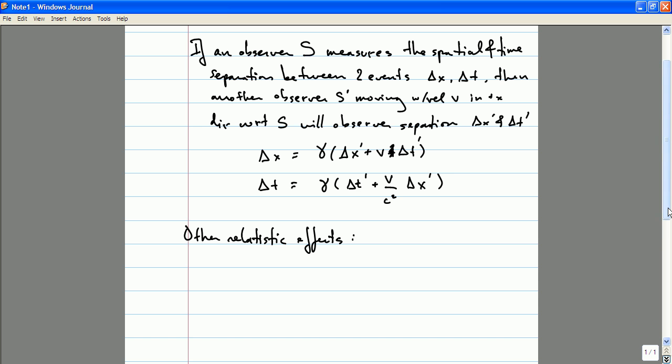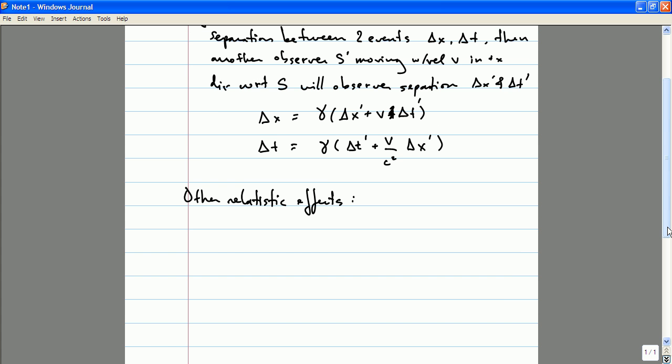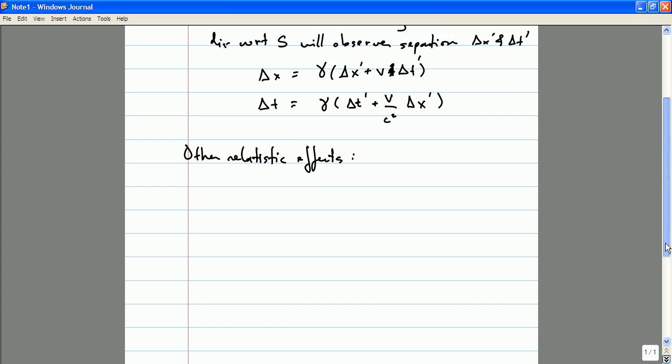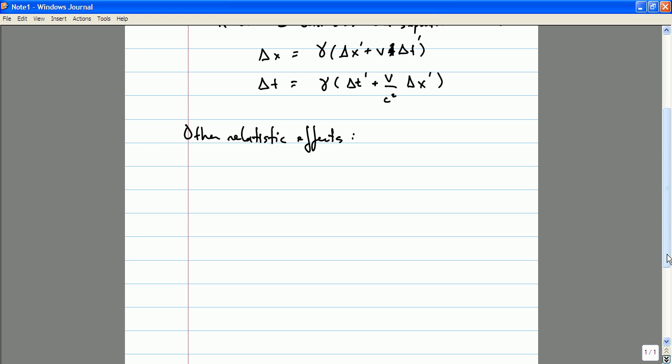So first, however, let's gain some practice with these Lorentz transformation formulas, and in doing so derive a few more of the interesting effects in special relativity. So I would like to consider the following problem.